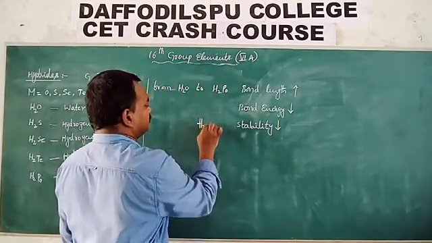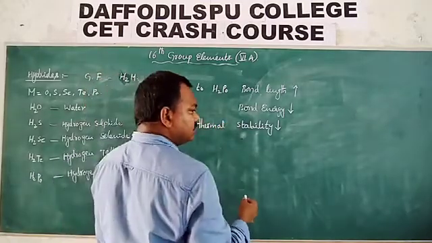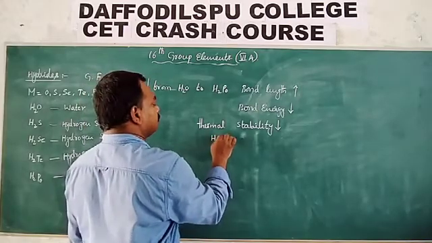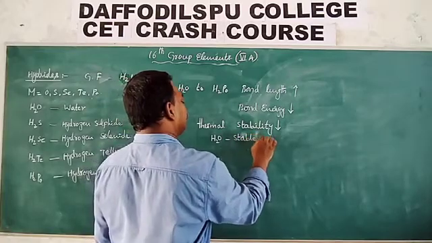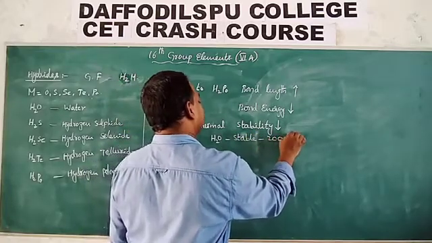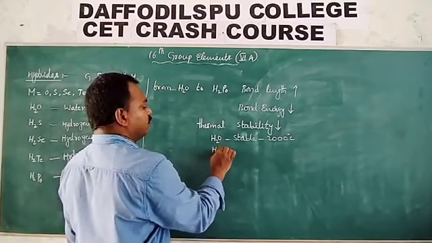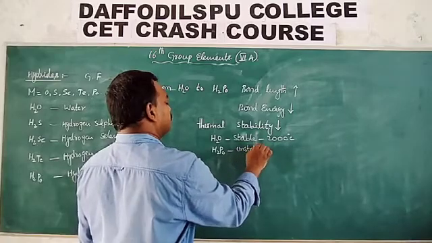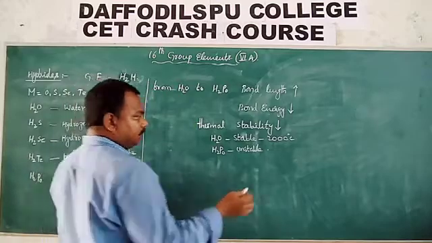Thermal stability decreases. Most stable one is H2O, and this H2O is stable up to 2000 degrees centigrade. Most unstable one is H2Po. This is unstable. It dissociates at room temperature.